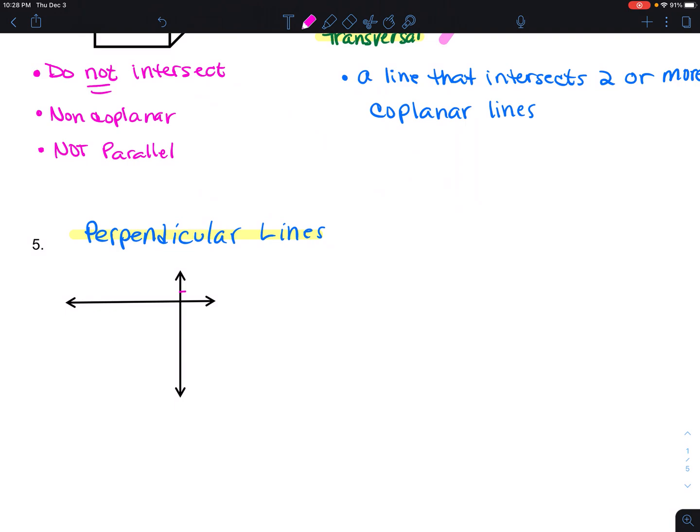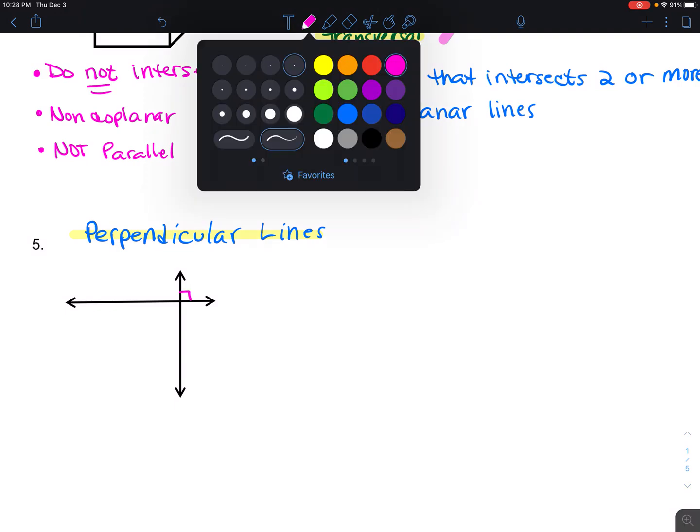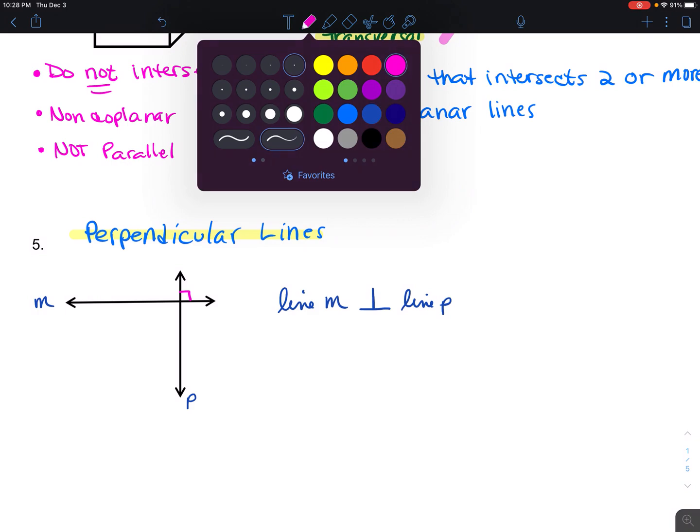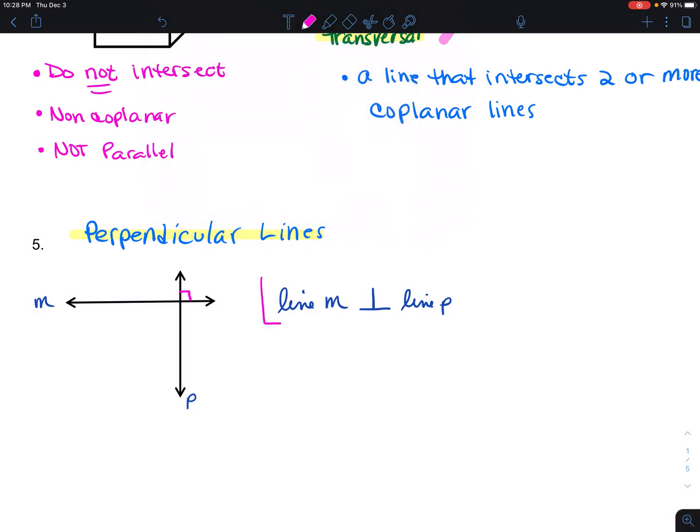So here, if I put a box that represents the right angle, that tells the reader that they are perpendicular. Let's call this one M, this one P, and I can say line M is perpendicular, and the symbol for perpendicular is an upside down T, line P. So line M is perpendicular to line P.